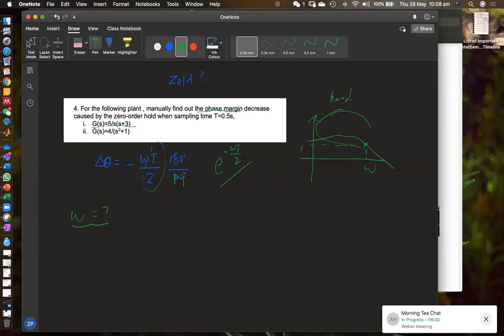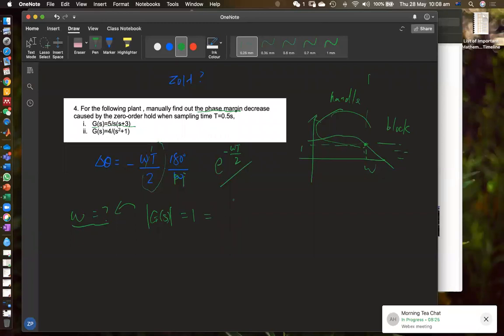Anything after that, the system will block. On the left will go through, and that's what we call the bandwidth. So this is when the gain equals 1. We'll go back to find the omega from there.